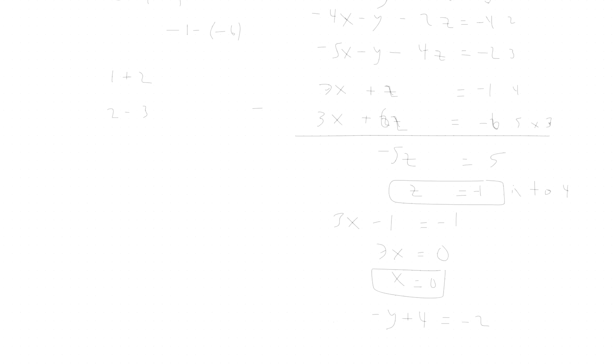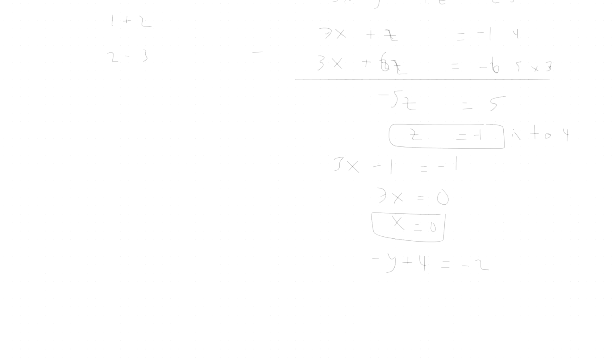Okay, there you go. Now subtract 4 on both sides, so negative y equals negative 6, so y equals 6. So try this: 0, 6, negative 1. That's correct.